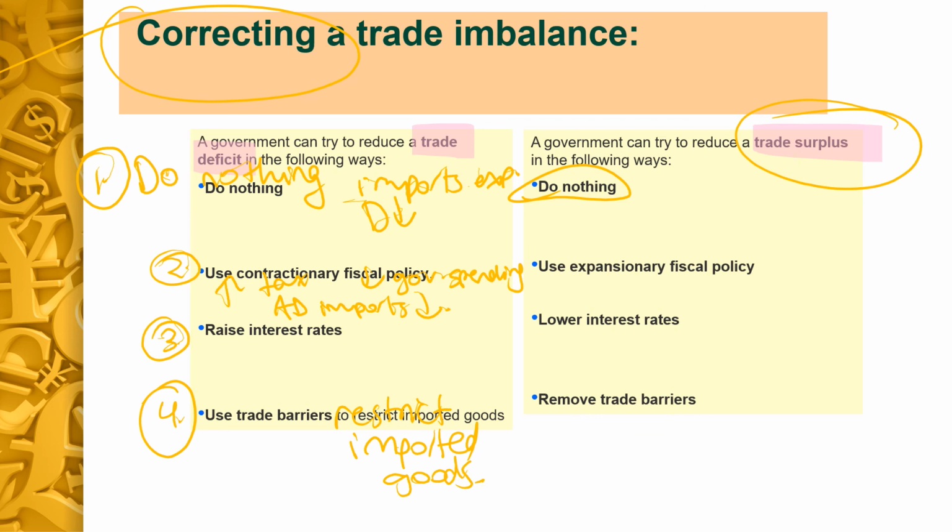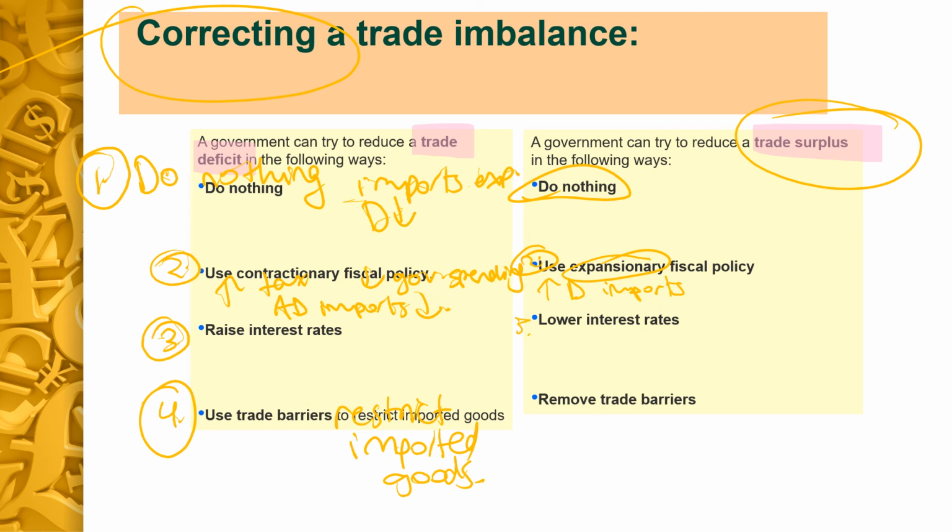The second way would be to use an expansionary fiscal policy. And why would I want to use an expansionary fiscal policy? Because this would increase demand for imports through tax decrease or cuts and increase in public spending.